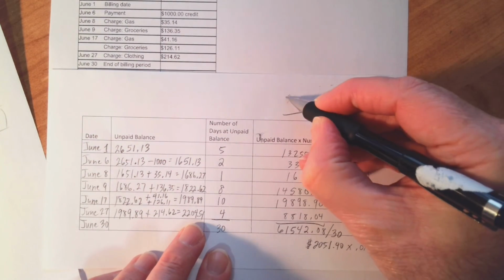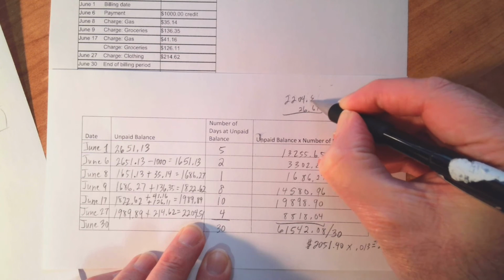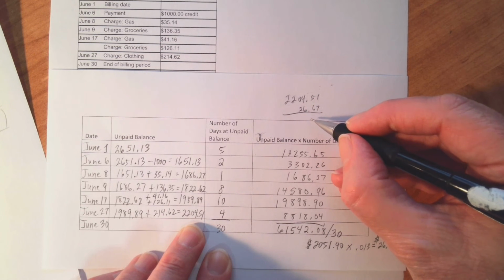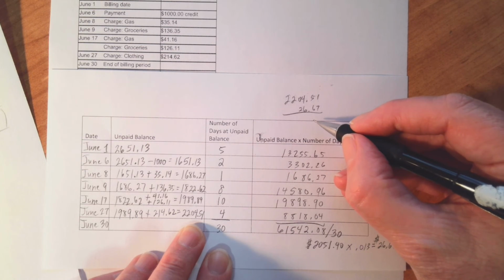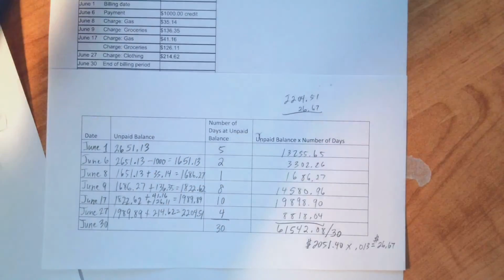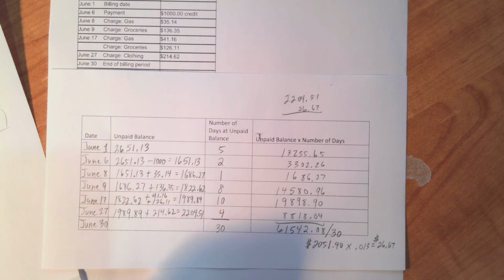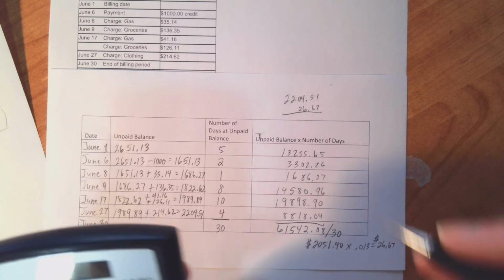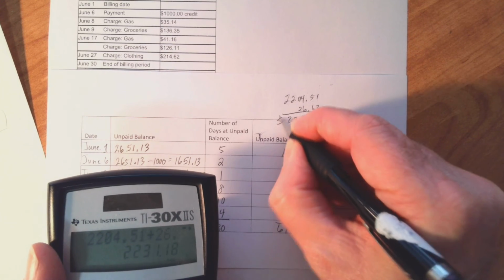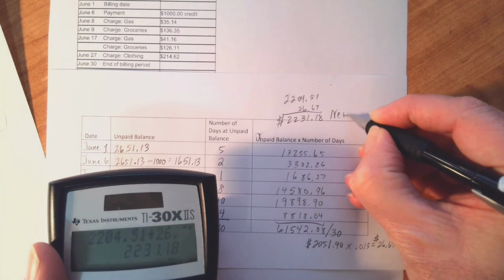No, actually, it is $2,204.51. And we're going to add these two together. Let's see, what did I do here? I didn't add that one, so I need to add it right now. So 2204.51 plus 26.67, you get 2231.18. So this is going to be your new balance.